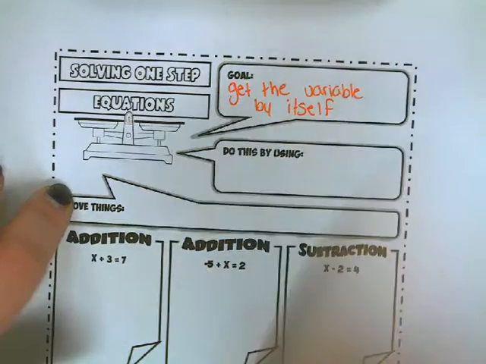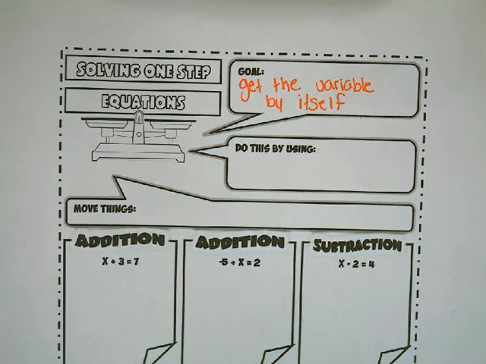So we're trying to figure out what that variable is equal to. Whenever you're solving an equation, whether it's a 1-step, a 2-step, a 3-step, a 4-step, a 5-step, no matter how many steps it is, your goal is always going to be the same. You want to get the variable by itself.